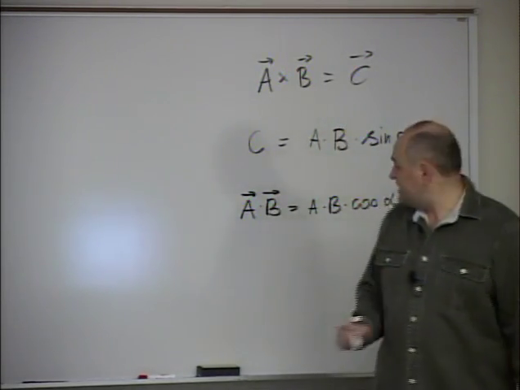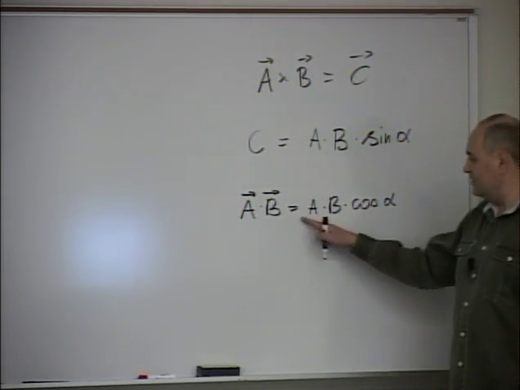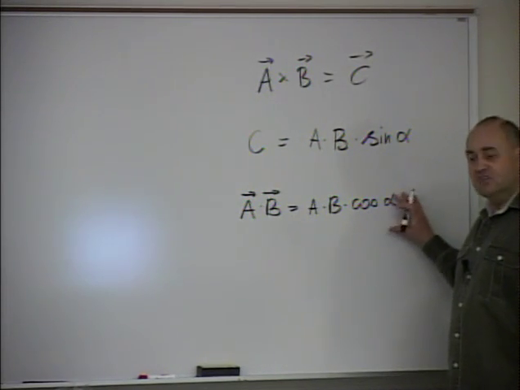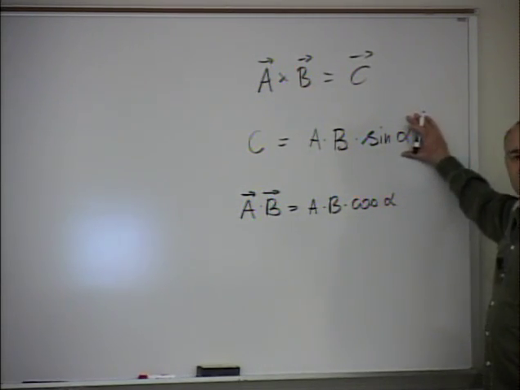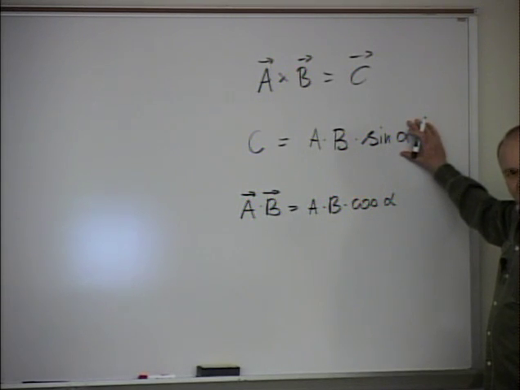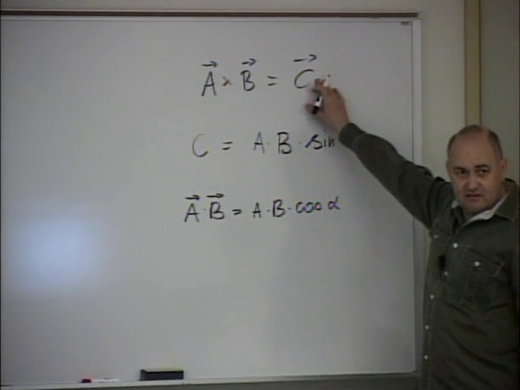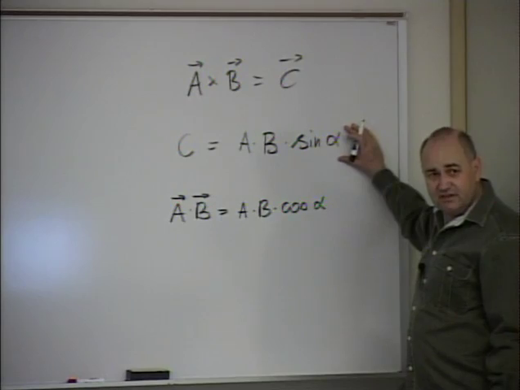Now see the major difference between this formula and this formula. When we use this formula, what are we getting? Scalar product of two vectors, A and B. If I use this formula, what am I going to get? Magnitude of the vector product, not the vector product. The vector product is C. This formula just says what is the magnitude of the vector product.